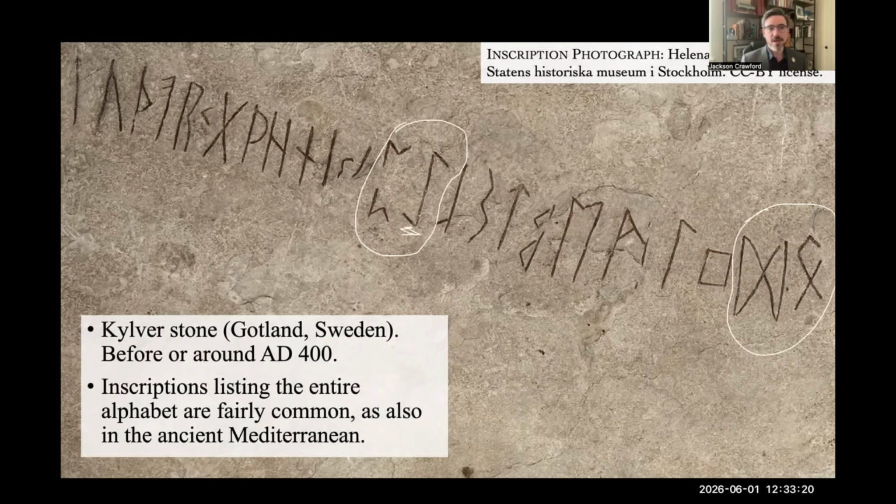It's interesting to note that just about all inscriptions that list out the entire Futhark alphabet have started the same way, right? They have the same first half, the same first 12 letters. It's always in the second half where you get some inconsistency and disagreement. And that probably reflects some artifact of how people learned the order of the letters.